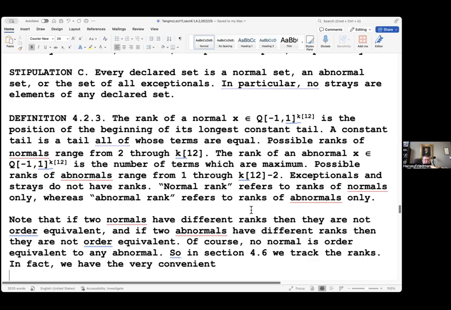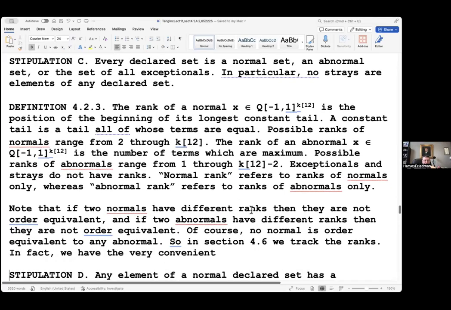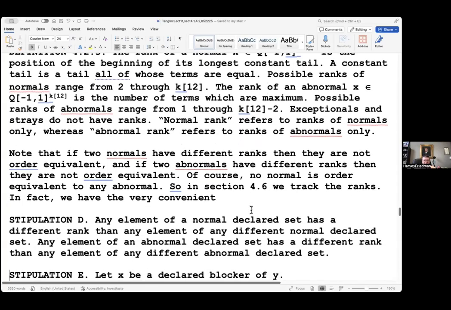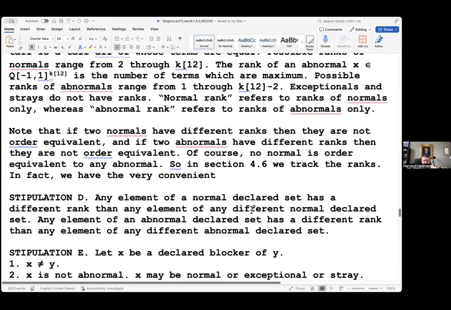Exceptionals and strays do not have ranks. Normal rank refers to ranks of normals only, and abnormal rank refers to ranks of abnormals only. Note that if two normals have different ranks, then they're not order equivalent. And if two abnormals have different ranks, then they are not order equivalent. Of course, no normal is order equivalent to any abnormal.